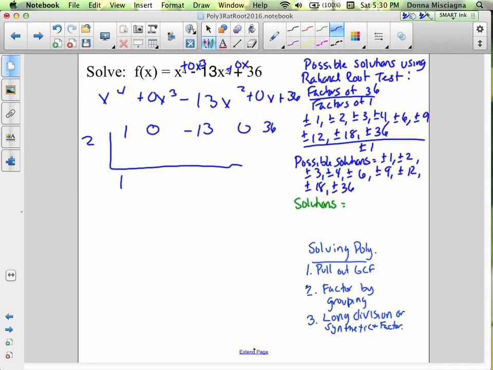We bring down the first term. 1 times 2 is 2. Add, we get 2. 2 times 2 is 4. Add, we get negative 9. Negative 9 times 2 would be negative 18. Add, we get negative 18. And then negative 18 times 2 is negative 36. There, that worked.